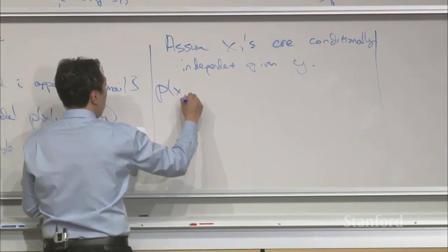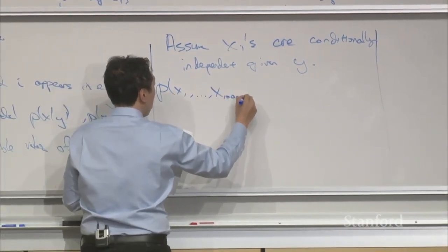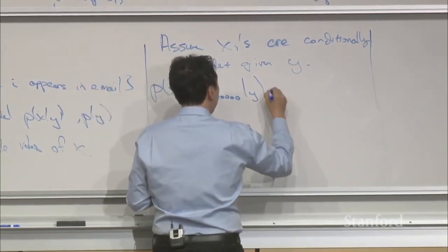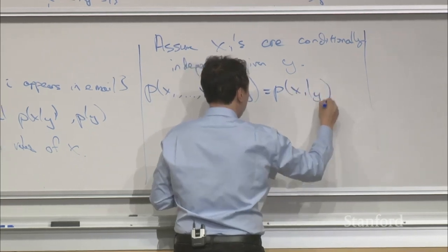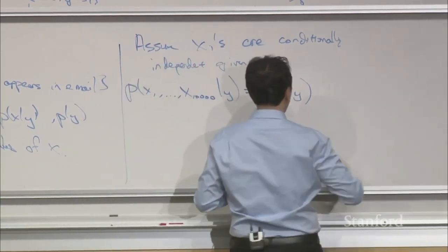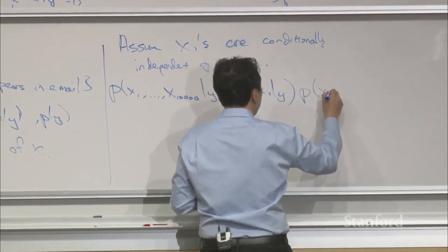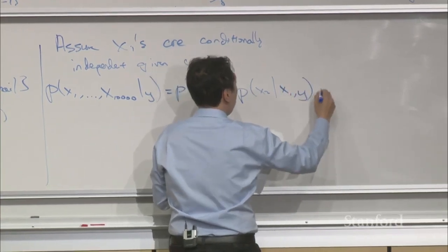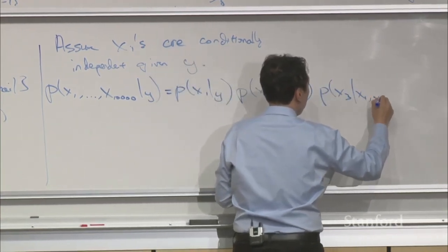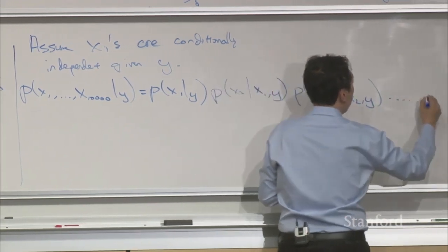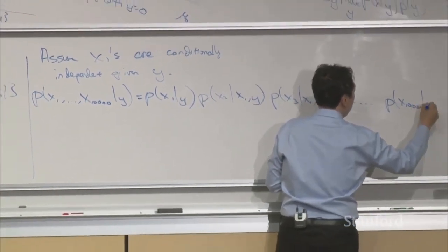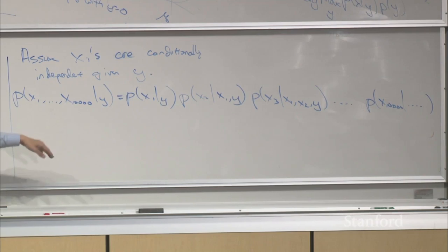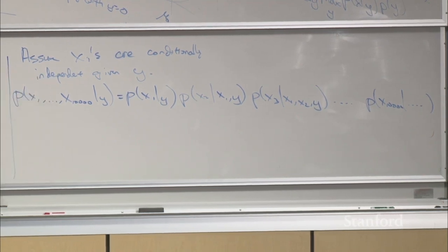P of x_1 up to x_10,000 given y, by the chain rule of probability, is equal to p of x_1 given y, times p of x_2 given x_1 and y, times p of x_3 given x_1, x_2, y, and so on up to p of x_10,000 given the rest. So I haven't made any assumptions yet. This is just a true statement of fact. It's always true by the chain rule of probability.